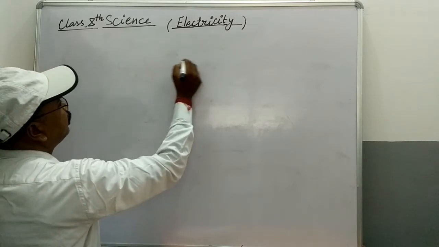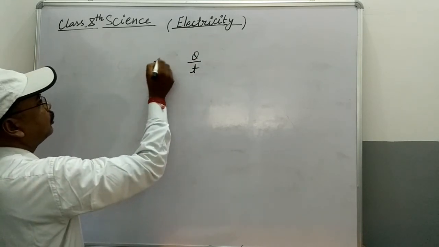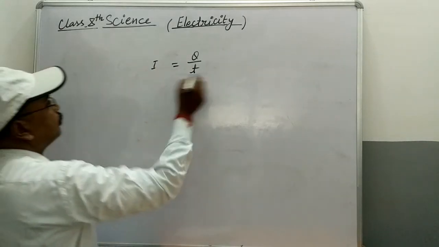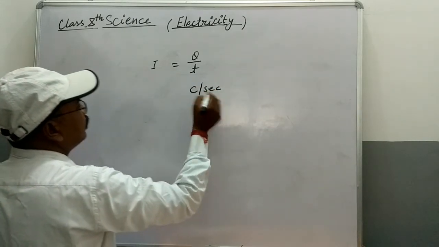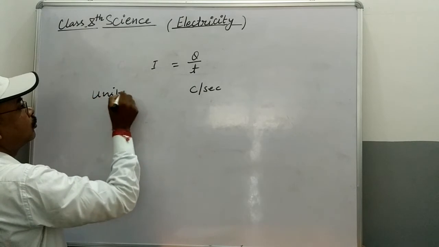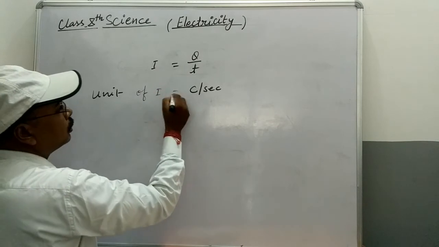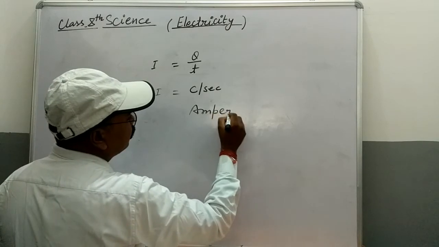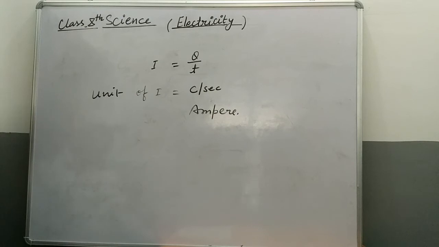If Q coulomb of charge flows in unit time t, then the current I equals Q upon t, and the unit of current is coulomb per second, that is also ampere.